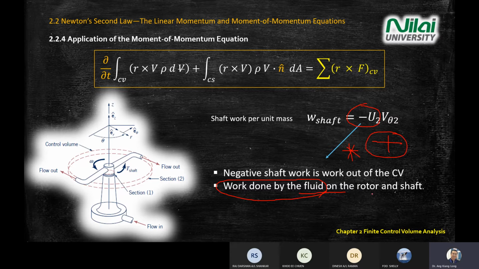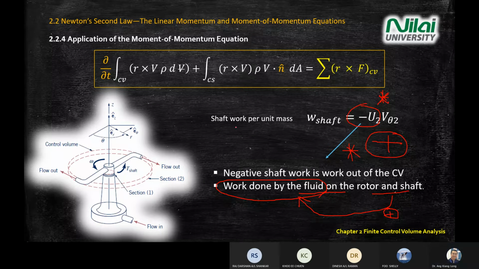It means the rotor or shaft works on the fluid if positive. If you get negative, it means the water or the fluid is the one that works on the structure. Again, listen to this many times to understand what is meant by negative.